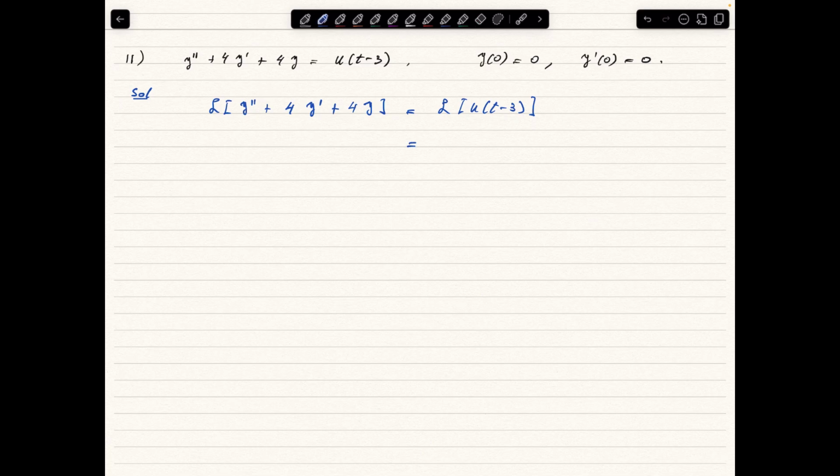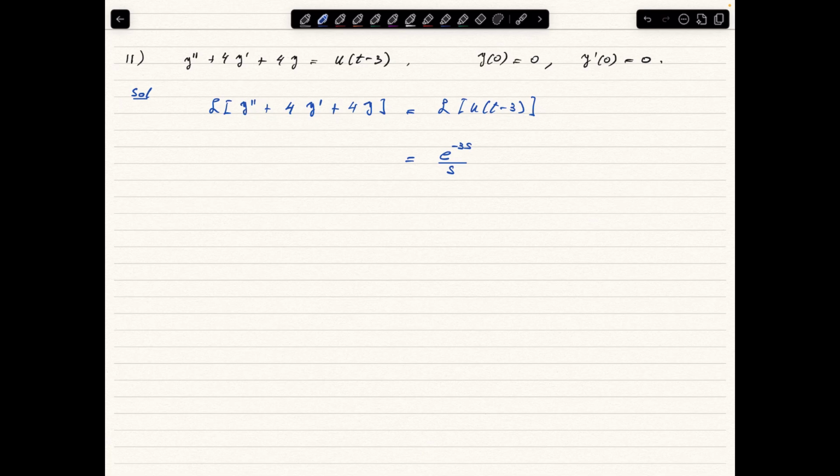The Laplace transform table says this is going to be exponential negative 3s over s. Okay, what do we do on the other side?